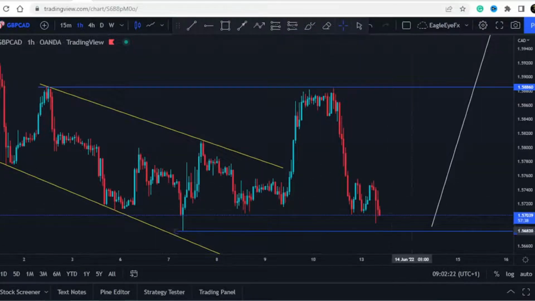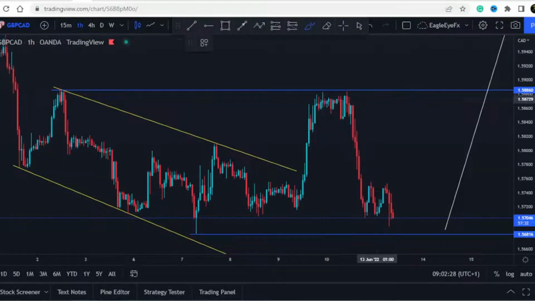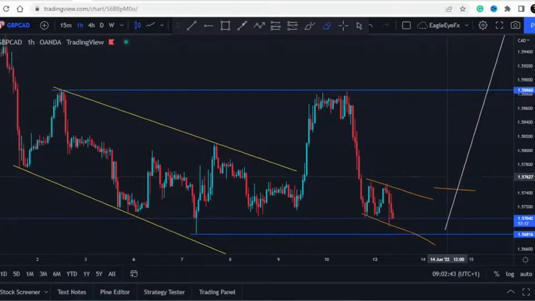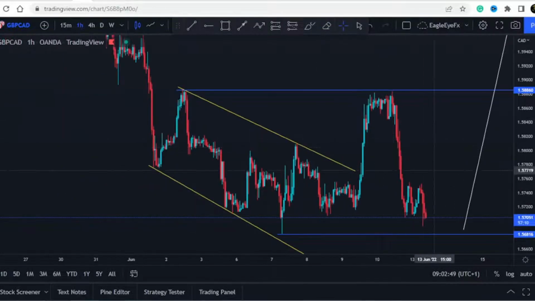I want to observe how this is going to play out, because it can easily give us another descending structure like this. Once it breaks and maybe gives me a flag, then I can be interested in buys to go to the upside. But before that, I'll just be patiently observing to see how it's going to play out.